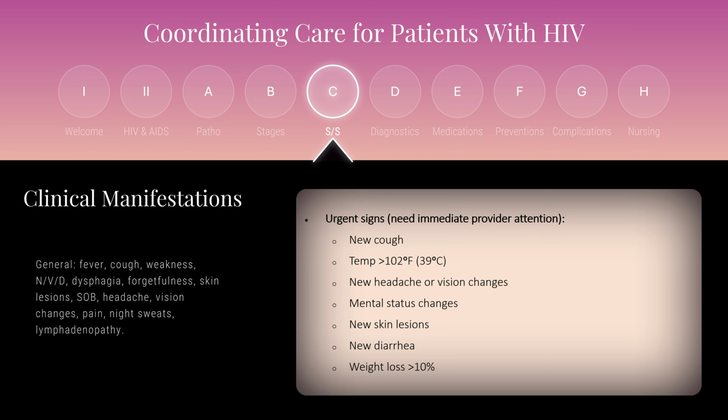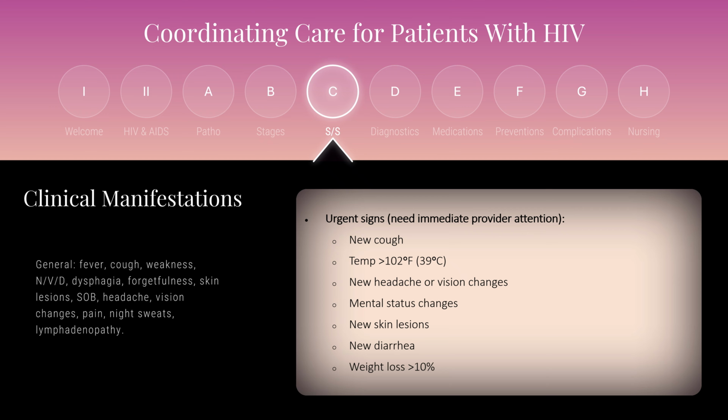The general signs and symptoms: fever, cough, weakness, nausea, vomiting, diarrhea, aphasia, forgetfulness, skin lesions, shortness of breath, headache, vision changes, pain, night sweats, lymphadenopathy. The clinical manifestation: opportunistic infections dominate the clinical presentation.